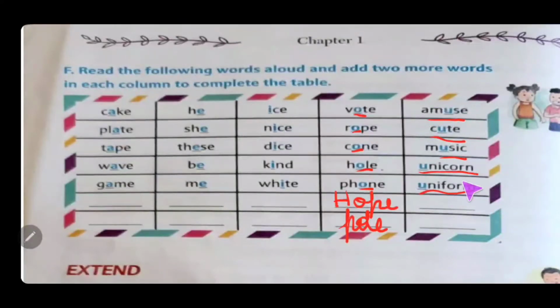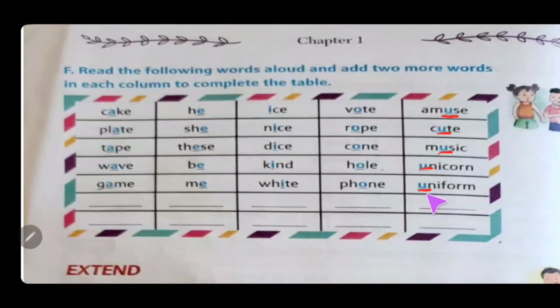So in all these words we can see that U is common, like amuse, U is there, cute, U is there, music, U is there, unicorn, U is there, uniform, U is there, right?